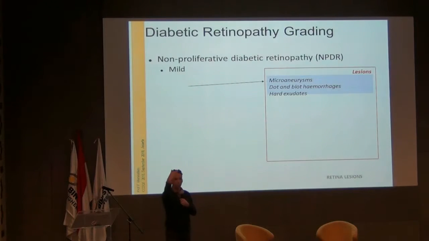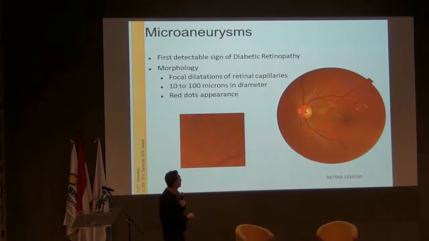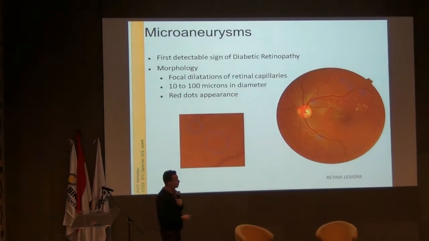The disease goes through several stages. It starts with microaneurysms, which is what we call mild diabetic retinopathy. You see those microaneurysms, these little tiny spots here, and you would like the computer to find them automatically without generating too many false positives. That's what I used to tell my students.